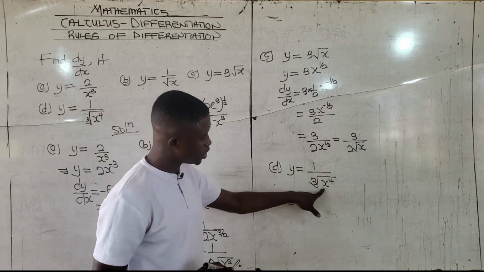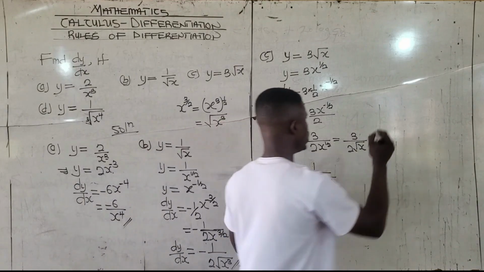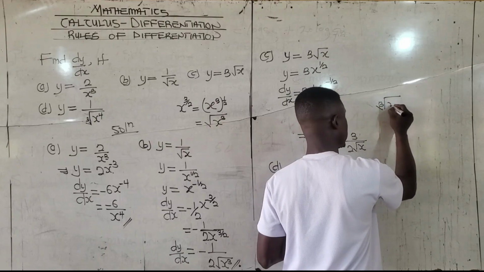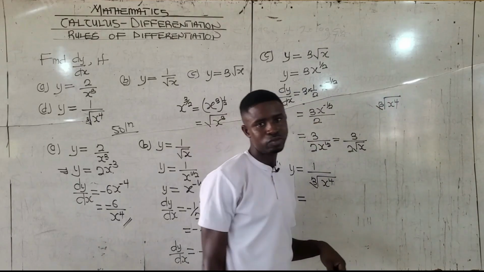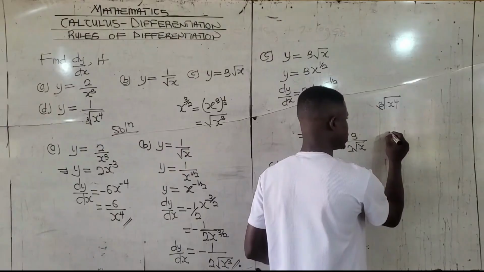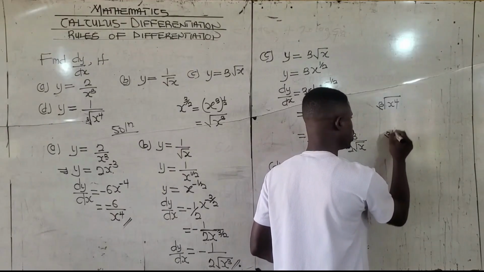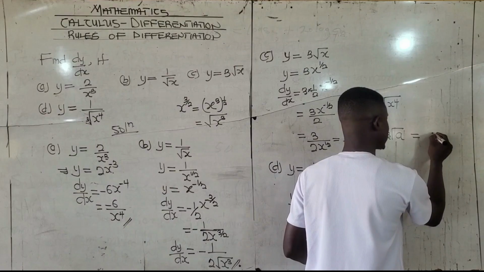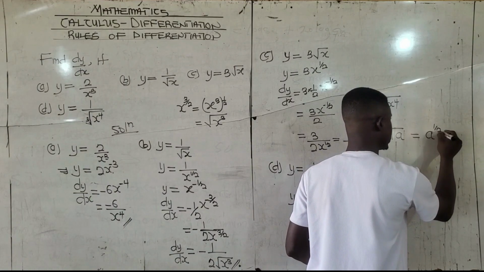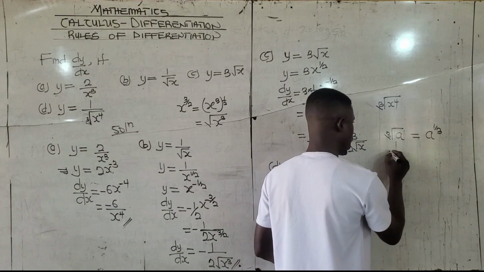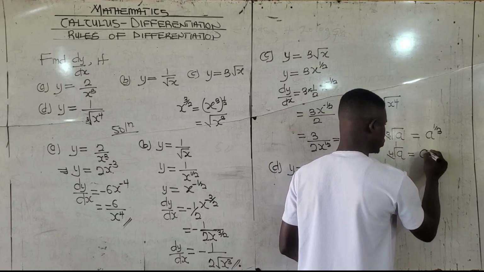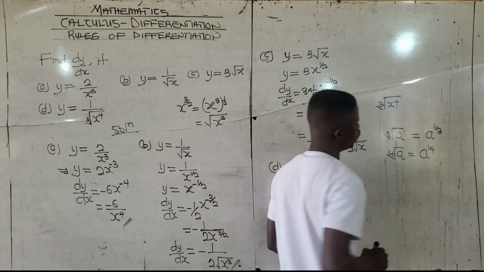Let me do some explanation here. In indices, if you have the cubic root of, let's say, a, then this is the same as a to the power 1 on 3. If you have the fourth root of a, this is the same as a to the power 1 on 4.